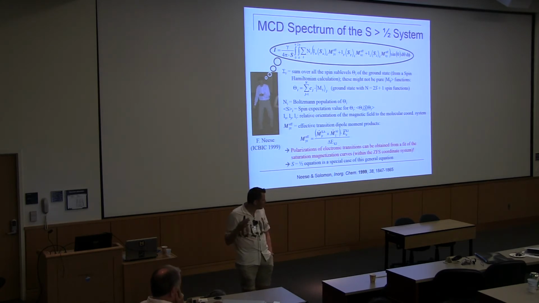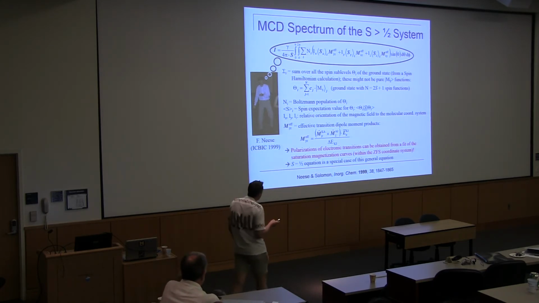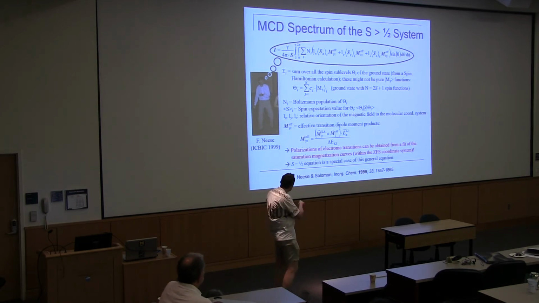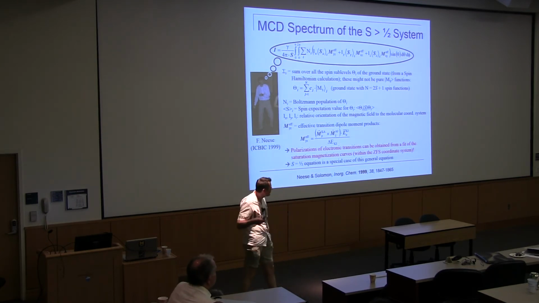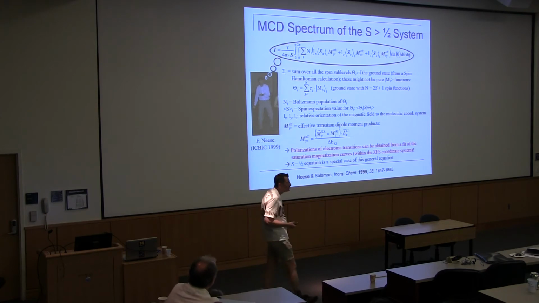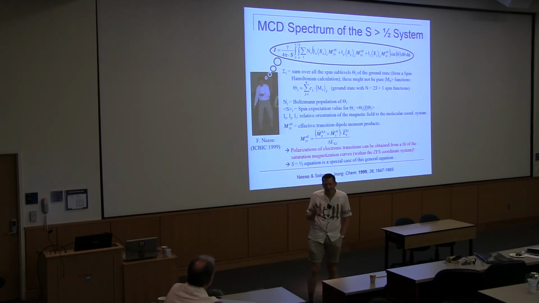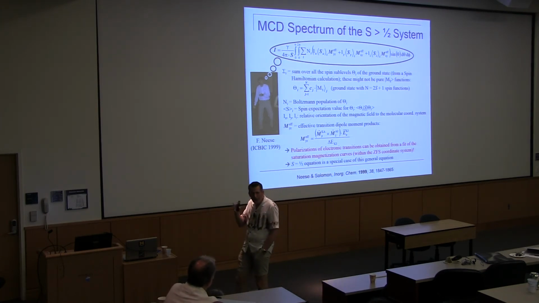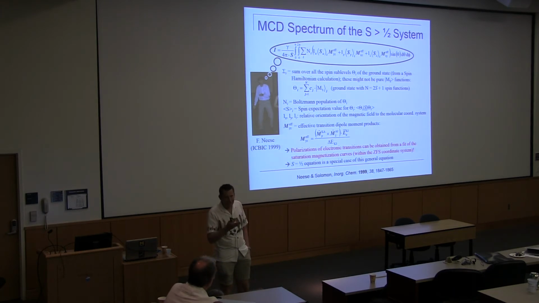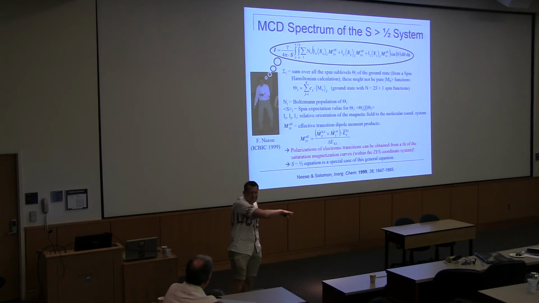But the thing to remember here is that these polarizations that you get from your simulation are relative to the zero-field splitting coordinate system. So you have to know how your zero-field splitting tensor is oriented in your molecule, and then you can project the polarizations back onto the molecule, and then you can assign transitions. So there's one step you have to take in between.